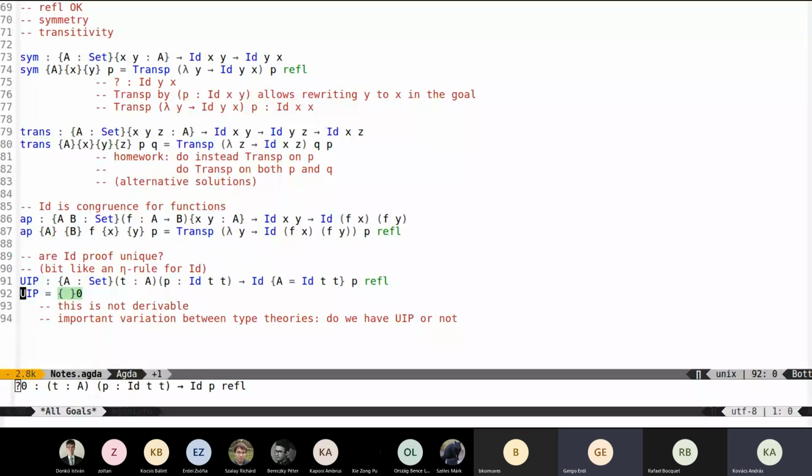For previously defined types, it seemed that the eta rules were whatever we wanted them to be. They were by fiat. I don't think that's the case. Well, they certainly weren't derived from other rules.